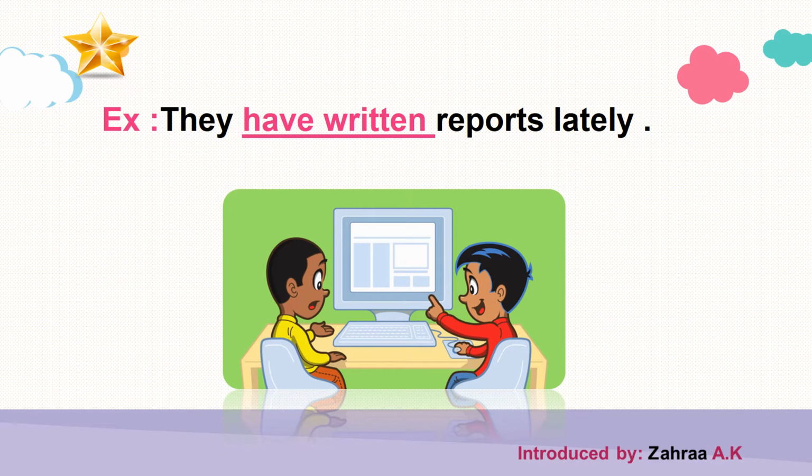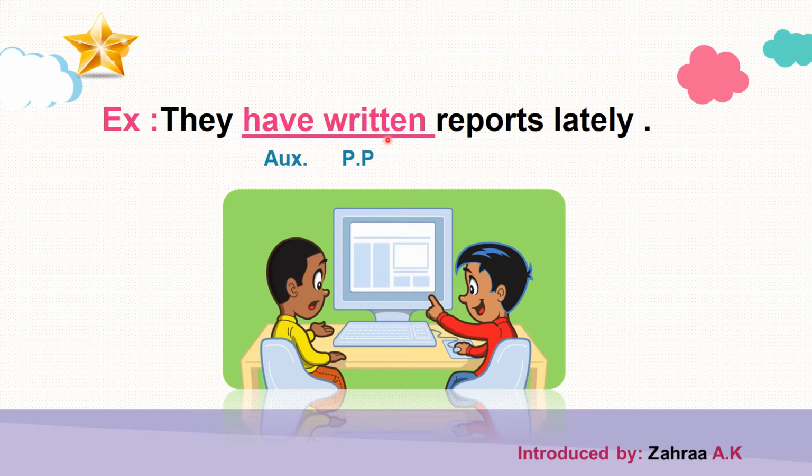Let's have an example to indicate the positive form. That is, they have written reports lately. هم كتبوا التقارير متأخرين. إذن they is the subject, have is the auxiliary verb, written is the past participle. نلاحظ بأن they هي subject وهي plural جمع، إذن الauxiliary اللي راح نستخدمه have باعتبار they جمع.